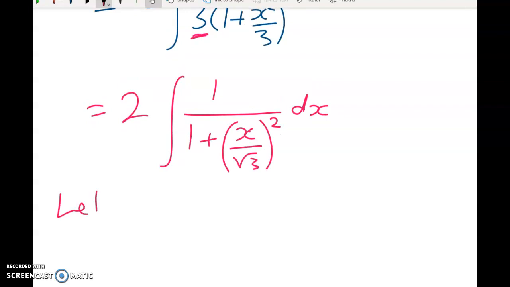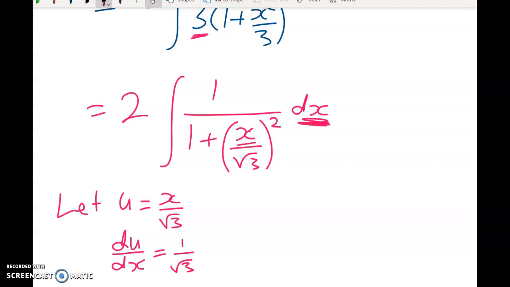So we've got let u equal x over root 3. So du by dx is 1 over root 3. We know we're going to have to replace this, and we're going to have to replace this. So let's get an expression for dx in terms of du.